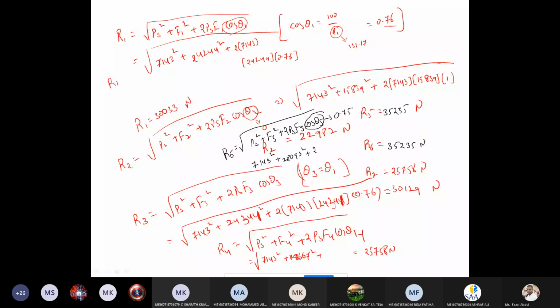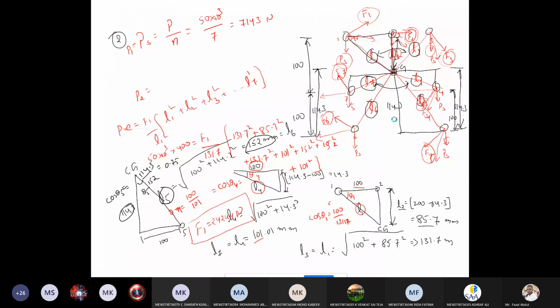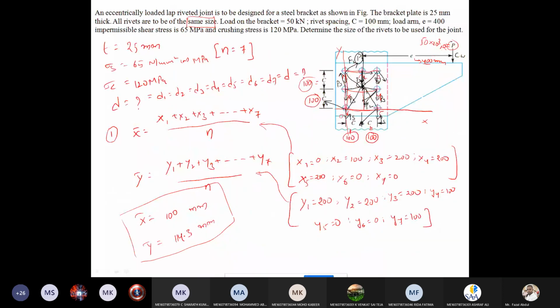Now let's see the figure. So here the load is applied, eccentric load. Due to this load, initially the maximum force is generated on the first rivet. The first column rivets are going to be subject to maximum load.